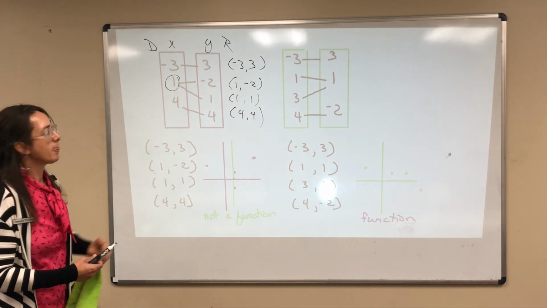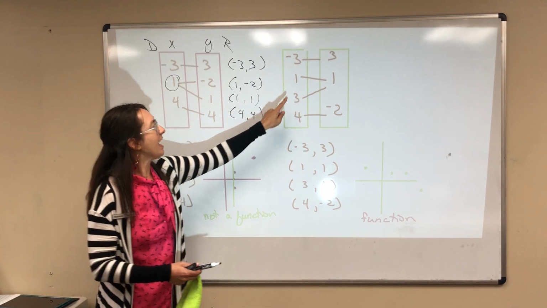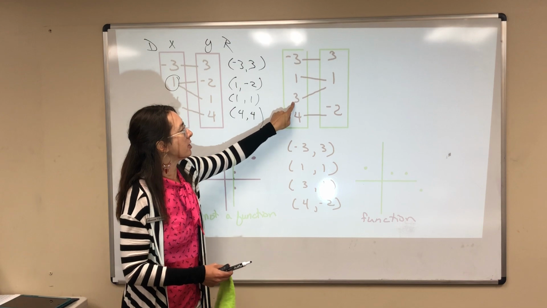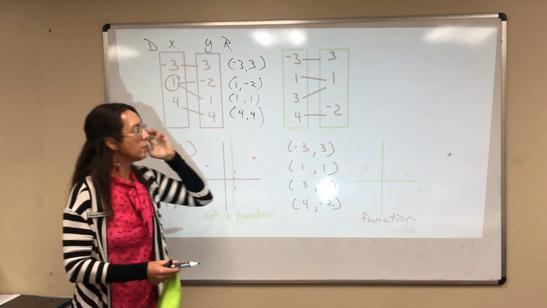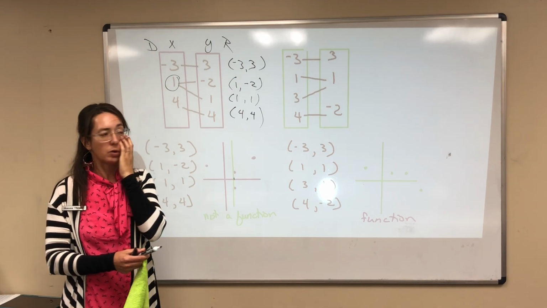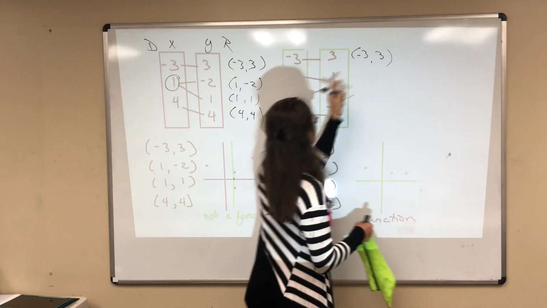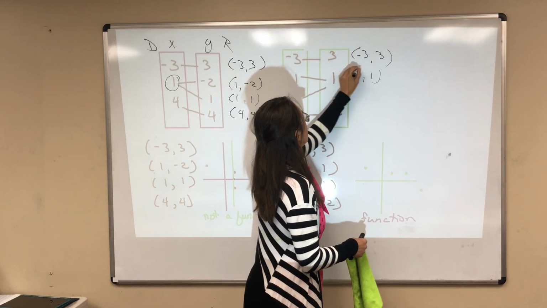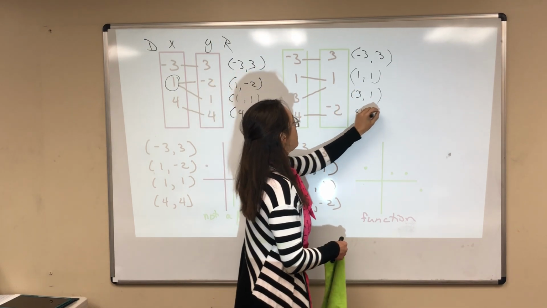But let's look at this one. I have 2 separate x values that go to the same y value. So then we're like, oh, well, it's on the same ones again. Let's look at it. We have -3, 3, 1, 1, 3, 1, and 4, -2.